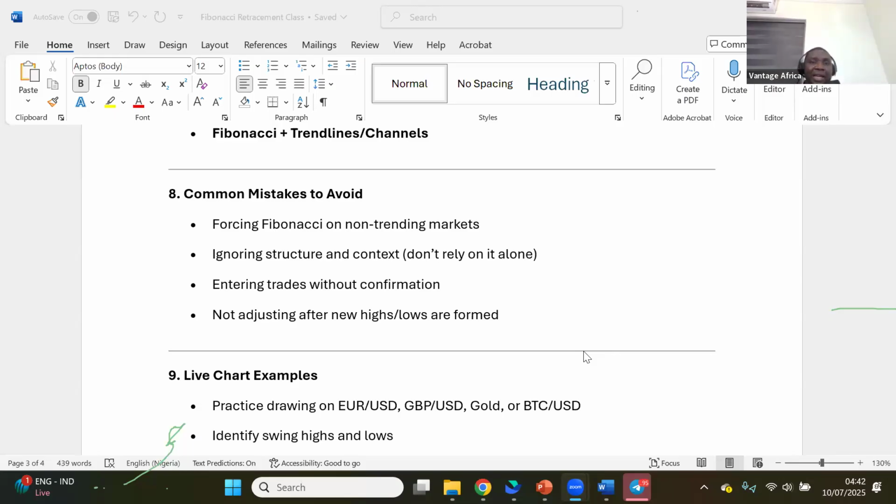You now have to extend your Fibonacci to the new high in order to get an accurate Fibonacci reading. You won't be able to get an accurate Fibonacci reading if you maintain the previous peak level that you used, because the market has moved. Once the market moves, you adjust your Fibonacci level.